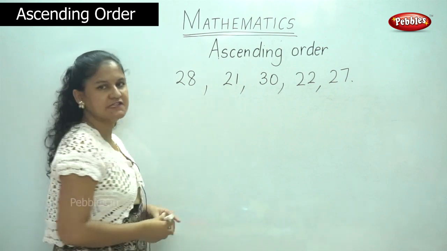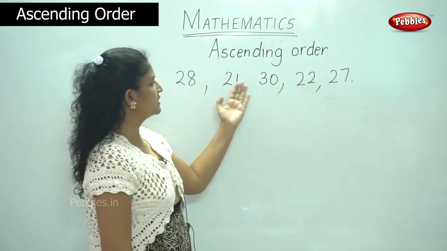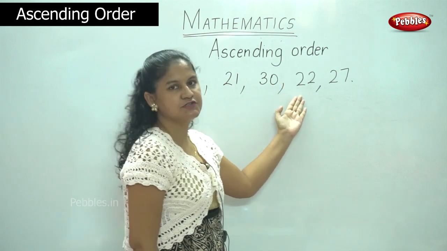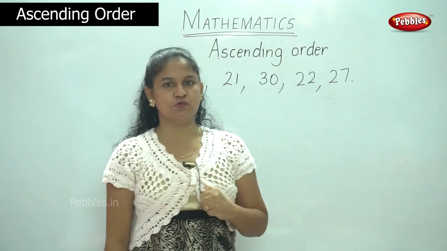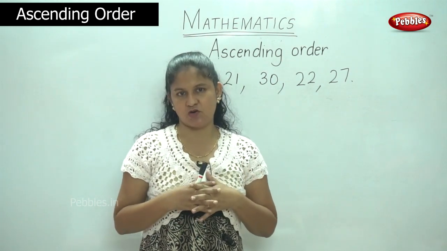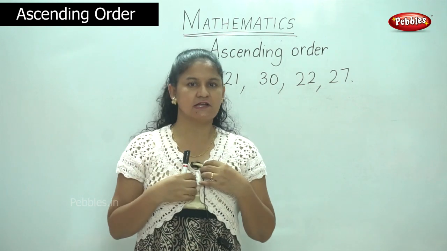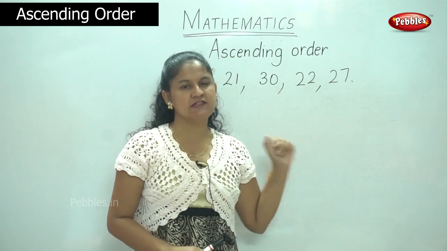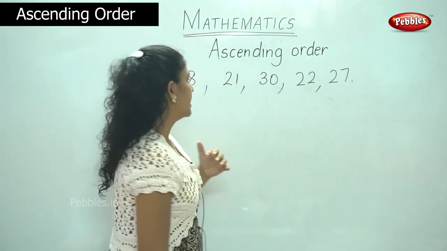So I have these numbers 28, 21, 30, 22, 27. So I have to place these numbers according to its ascending order, that is from the smallest number to the biggest number. So by looking at these 5 numbers, I have to find out which is the smallest number.